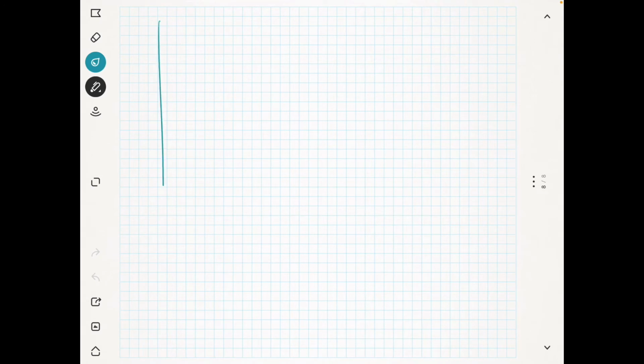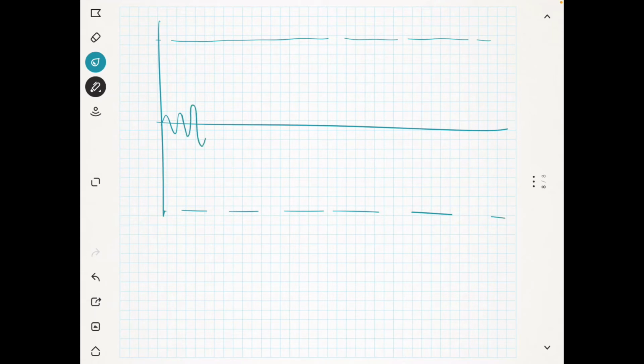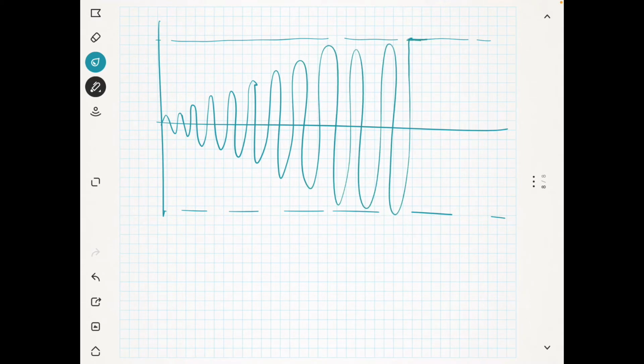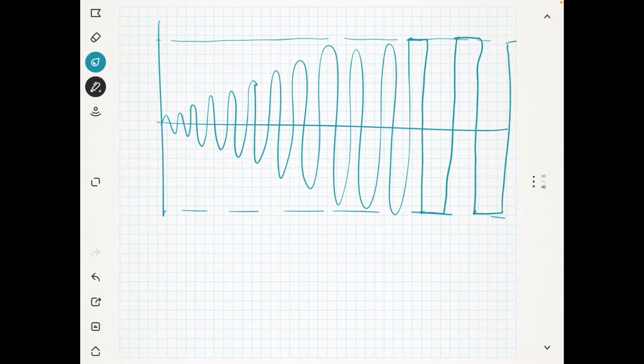I will draw that anyway. Suppose this is the point of saturation. Whenever it reaches that point, the op amp gets saturated, and it is clipping here. So this is what happens to the output when your gain Av times beta is greater than 1.